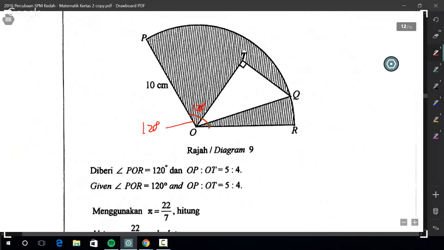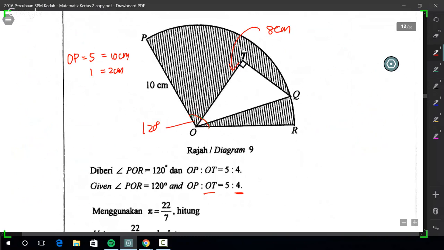Then OP is ratio 5 and OT is ratio 4. If ratio 5 equals 10 centimeters, then one ratio means 2 centimeters. So when OT is ratio 4, OT is 4 times 2, which is 8 cm. So O to T will be 8 centimeters. I think writing it outside is better.